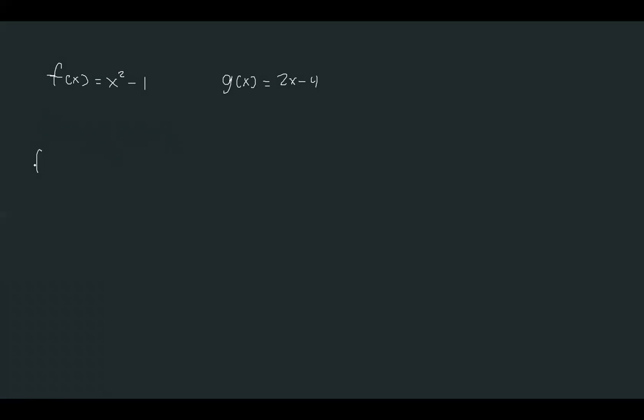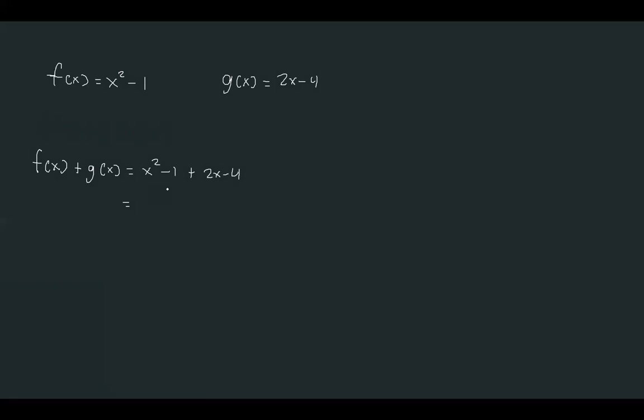So let me rewrite it here. F of x plus g of x. So f of x is equal to x squared minus 1 plus your g of x, which is 2x minus 4. So we already substituted this one, and what we're going to do is simplify.